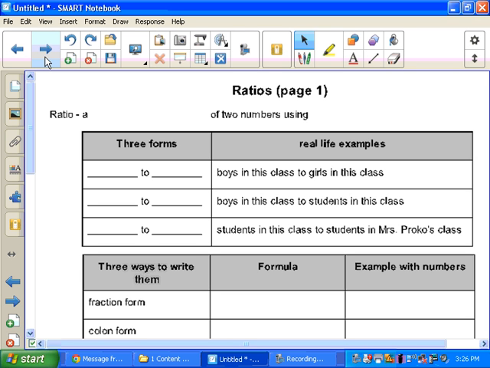If you play video games, you may have heard about a kill ratio, and that's a comparison of your kills to your lives. These are only 2 examples of many different ratios, but all ratios are the same thing. They are all simply a comparison of 2 numbers using division.